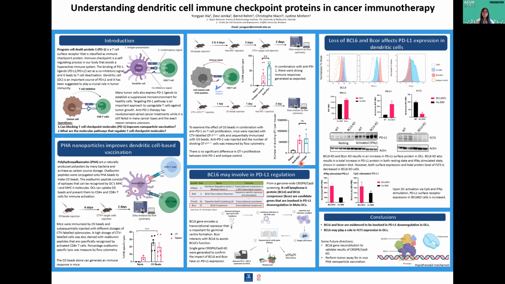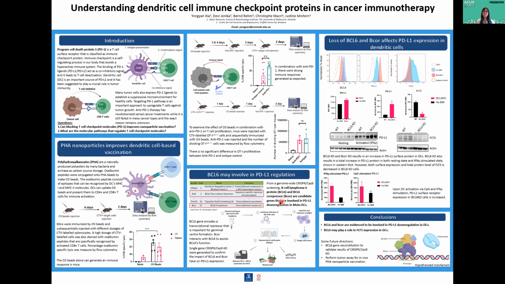We have two groups here: just the O3 beads alone, and also O3 beads with PD-1 inhibitor. We do see T cell proliferation in those two groups, but there are no significant differences between them. This might be because the O3 beads by themselves are able to generate a sufficient immune response for the T cells to proliferate.